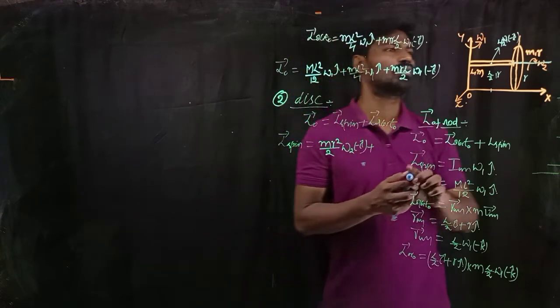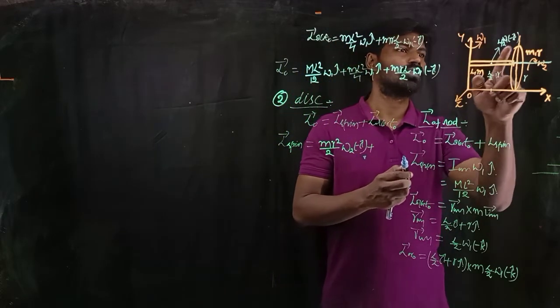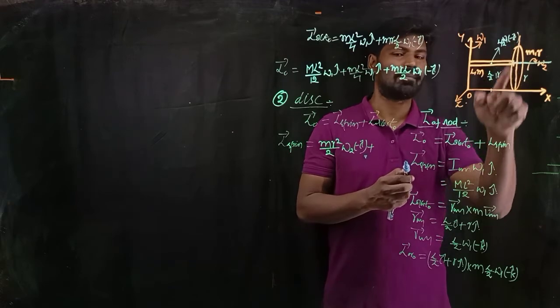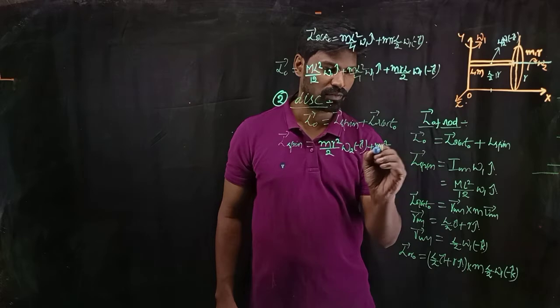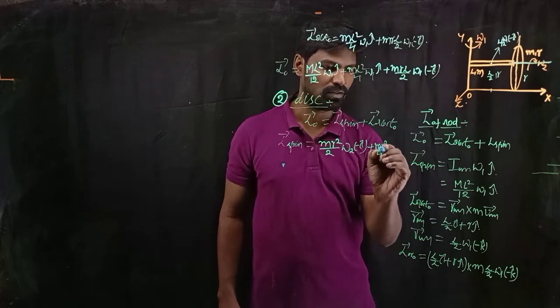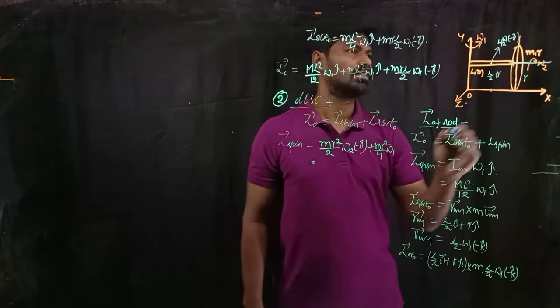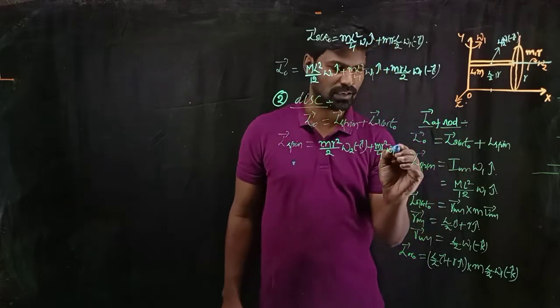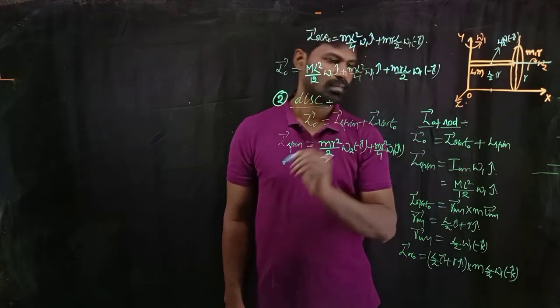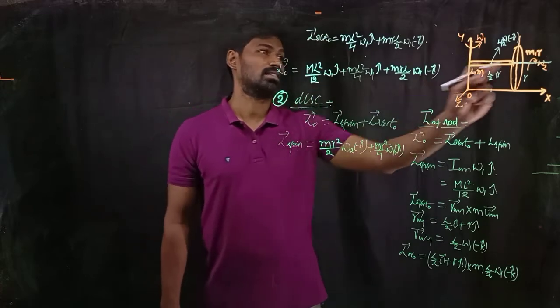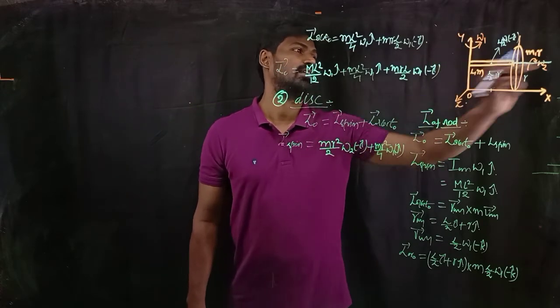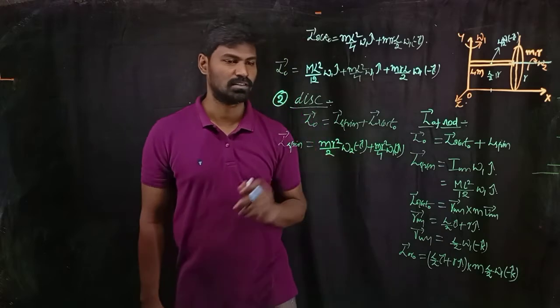Plus one due to omega 1, about the diametric axis, where the moment of inertia is m r square divided by 4, into omega 1, pointing in the direction of j cap. This is the total spin angular momentum of the disk, because the disk has angular velocity about the y-axis and about its center of mass axis.